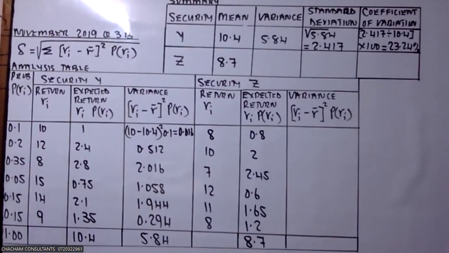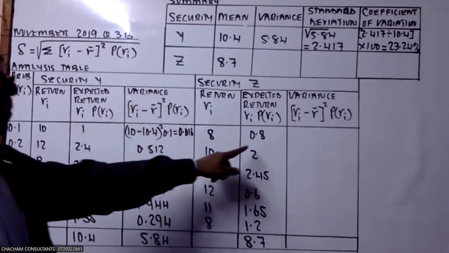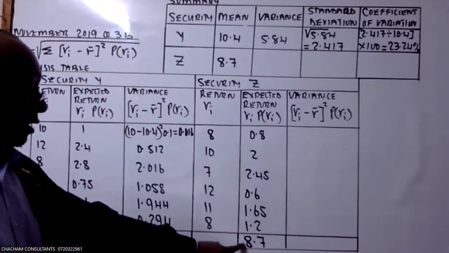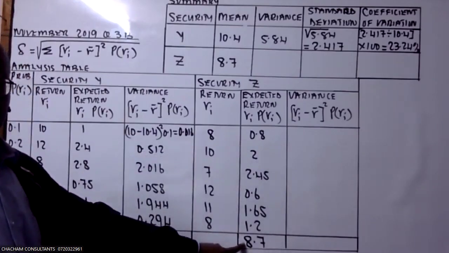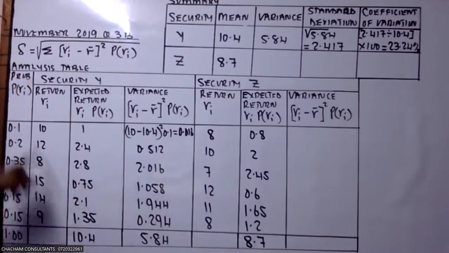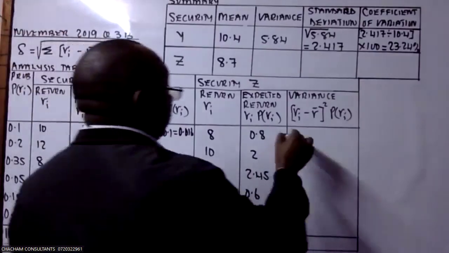Let's get the variance. As usual. We have said now you take this. You take 8 minus 8.7. 8 minus 8.7, you square that answer. Then you multiply by this probability of 0.1. You multiply by that probability of 0.1. 0.049.